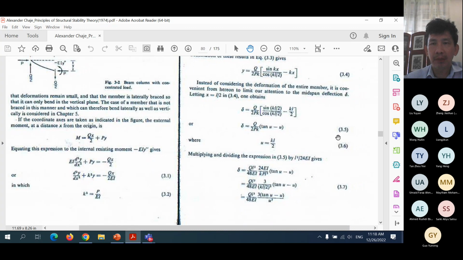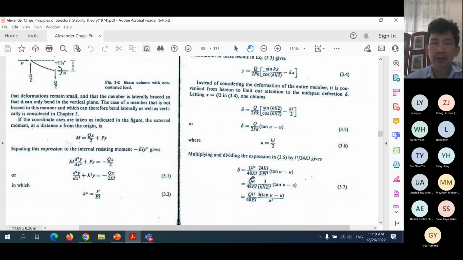Now, at this particular stage, we know what the maximum deflection is if there is a P acting together with Q. This is the equation. But in order to know what happens when we compare the case without P and with P, we further manipulate these equations by doing this operation here.